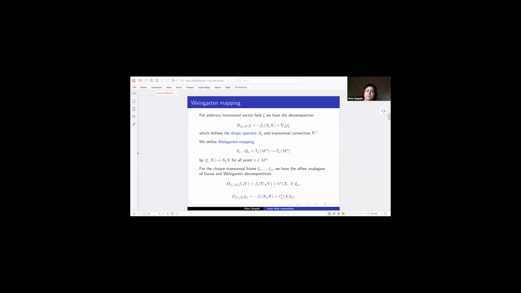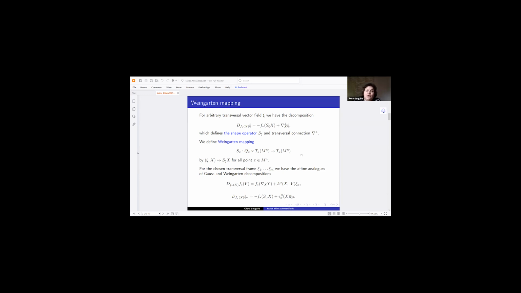For an arbitrary transversal vector field Xi, we also have a decomposition into tangent and transversal components. This gives the definition of the shape operator and the transversal connection. We can define the Weingarten mapping if we have more than one transversal vector.